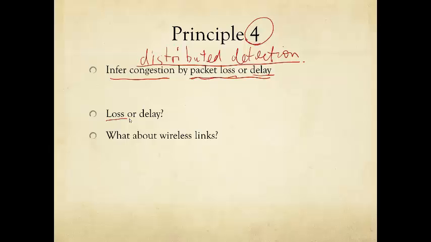So two questions. Number 1, loss or delay. Now, loss is a very natural one. If a packet is lost, then you say, gee, there's congestion. But it turns out that once packets are getting lost, there's a little delay involved in knowing that information. So by the time you know at the source, it's already been lost for a little while, and that's kind of too late. It's also too much of a binary signal. Is it lost or is it not lost?